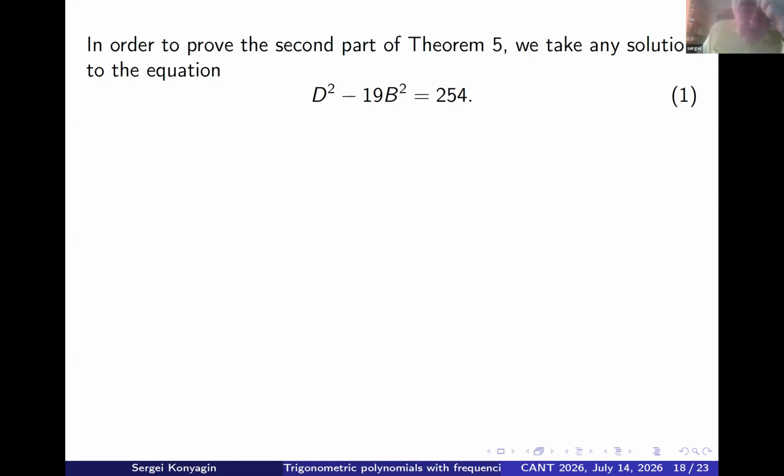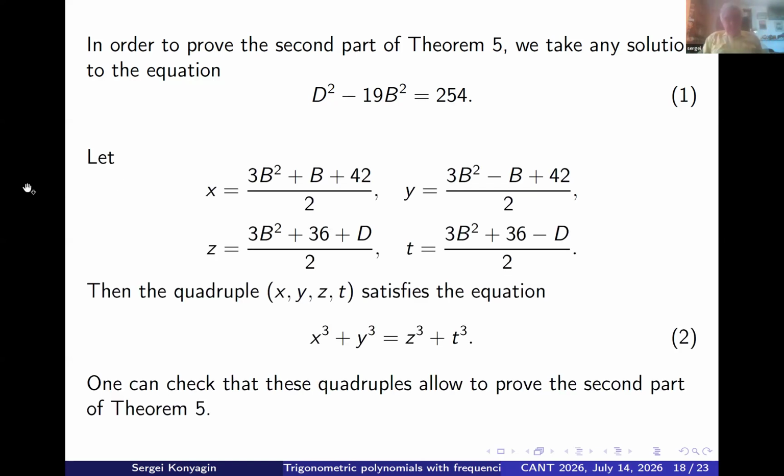We consider a Pell equation of this form, and it has infinitely many solutions. If we have some solution, then we can define numbers x, y, z, t, and one can check that these numbers satisfy the equality. Actually, these numbers lie in a small interval, and so this proves the second part of theorem 5.